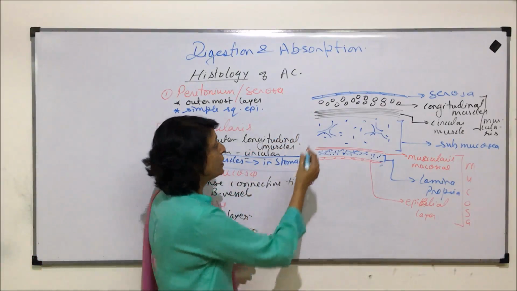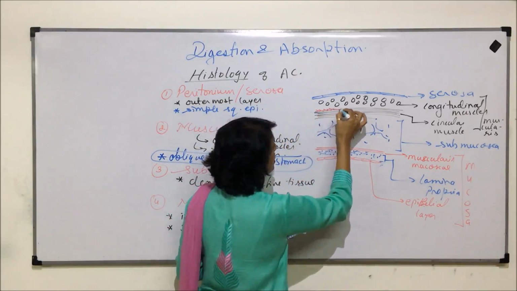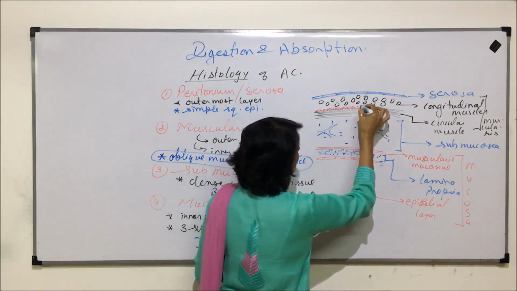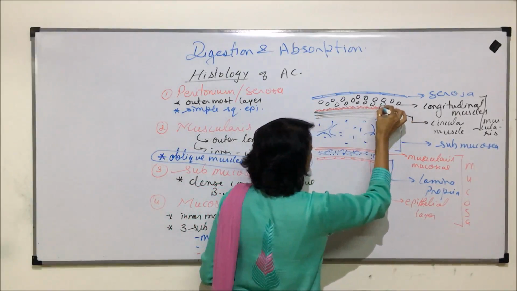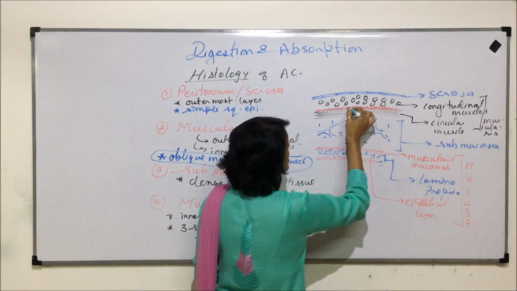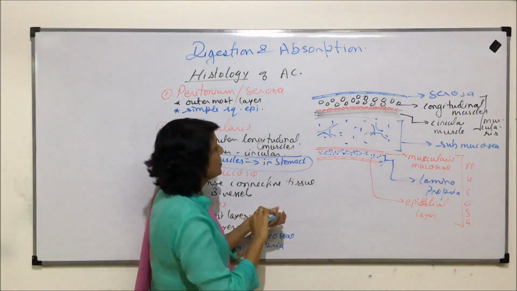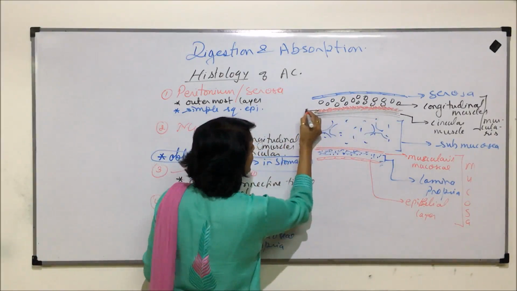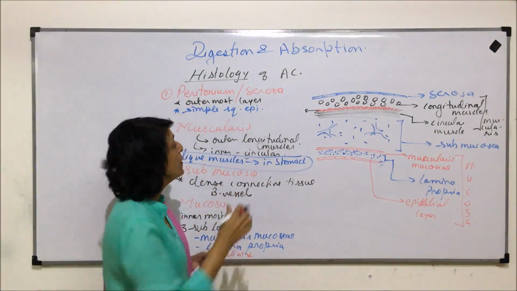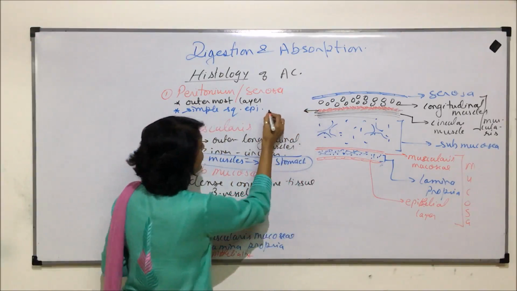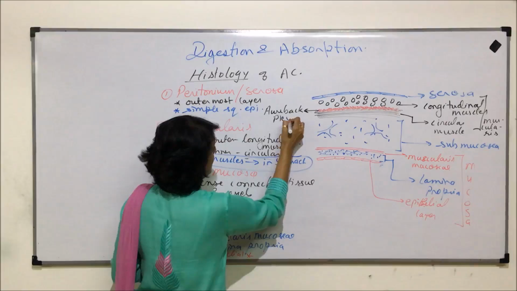Now, in between these 2 muscular layers, that means between longitudinal and circular muscles, there is a network of neurons which are parasympathetic. So this layer which I have added here is a network of neurons. It is known as the myenteric or Auerbach's plexus.